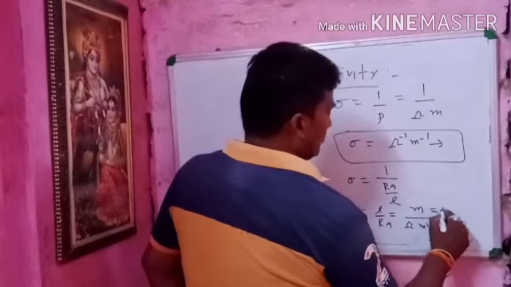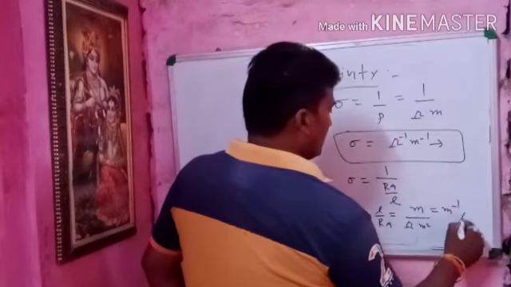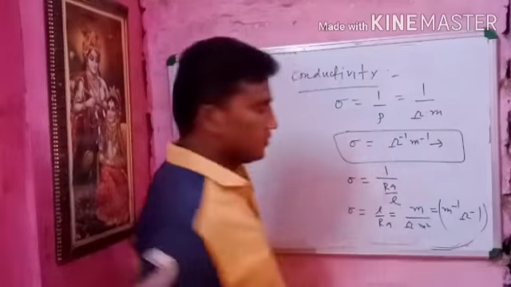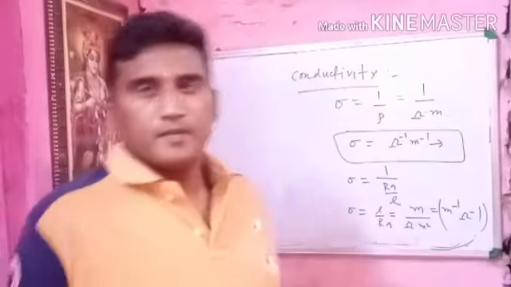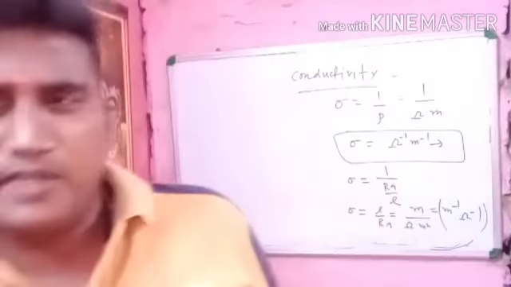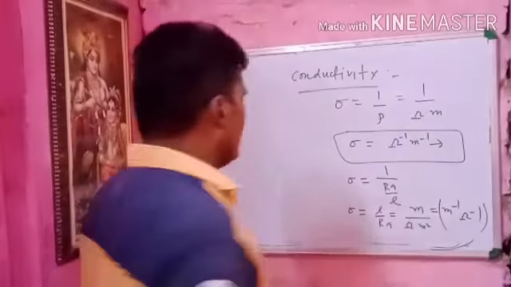It will also be changed in the form of meter minus 1 ohm minus 1. And we identify the derived unit of the conductivity.